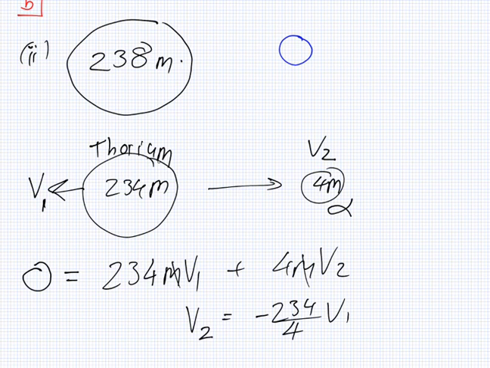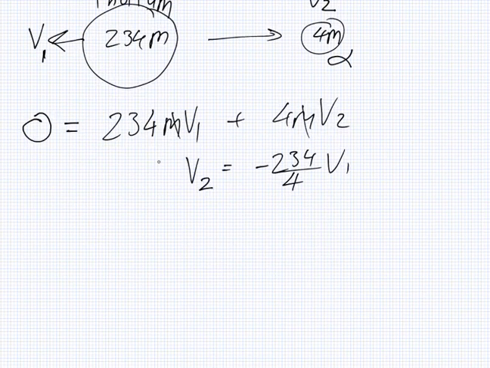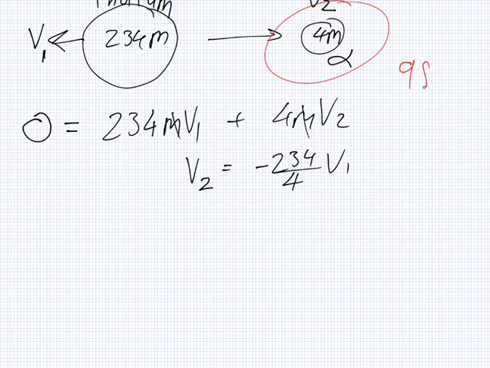The next part is more difficult. For this part 2, they want you to show that the energy here is 98% of the total, and therefore the energy here is 2% of the total. That's what they want you to show.